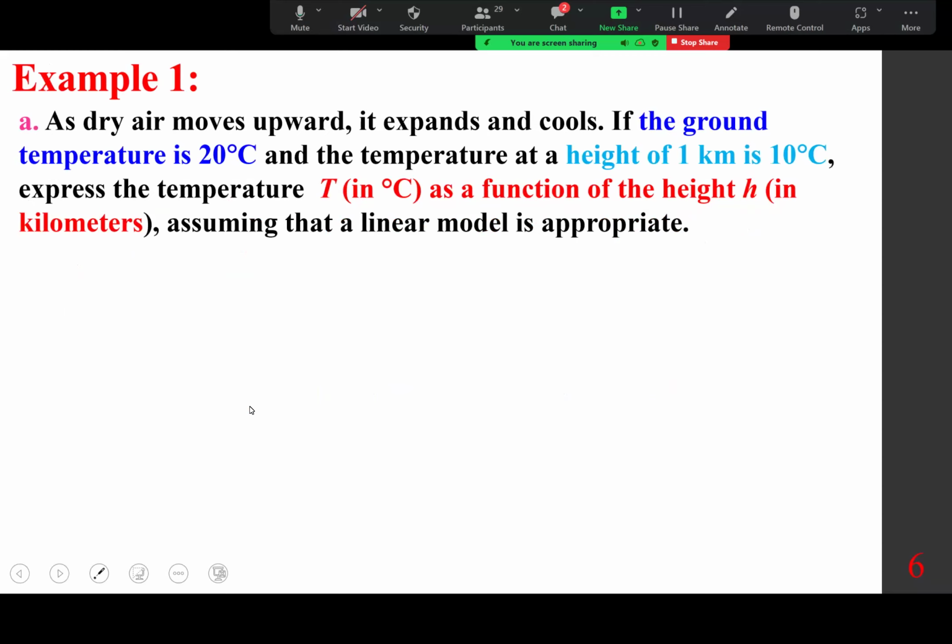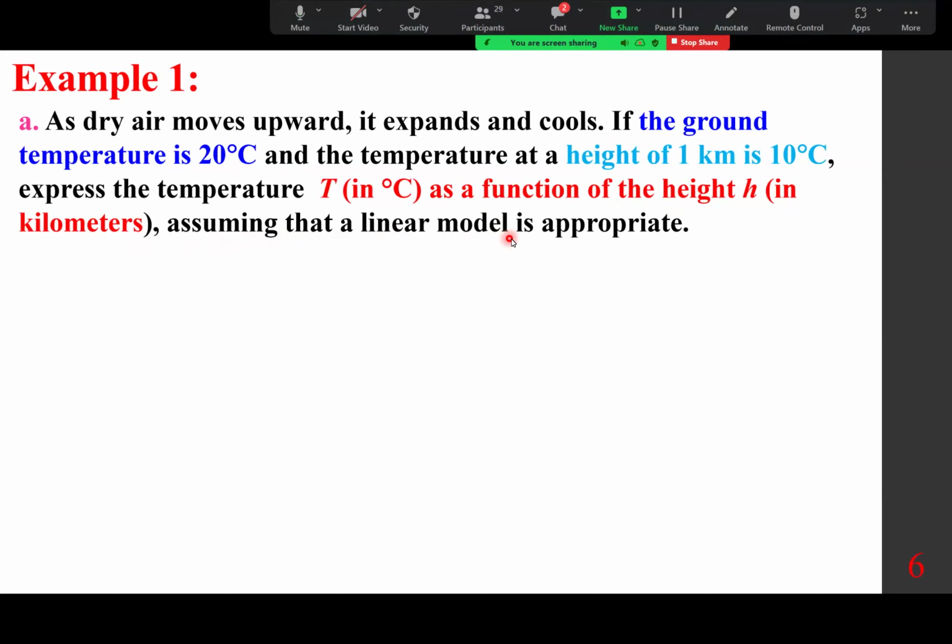Here's example 1. As dry air moves upward, it expands and cools. If the ground temperature is 20 degrees Celsius and the temperature at a height of 1 kilometer is 10 degrees Celsius, express the temperature T in degrees Celsius as a function of the height h in kilometers, assuming that a linear model is appropriate.